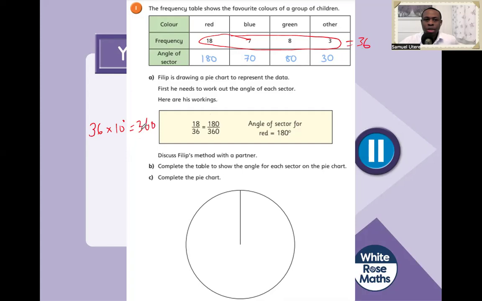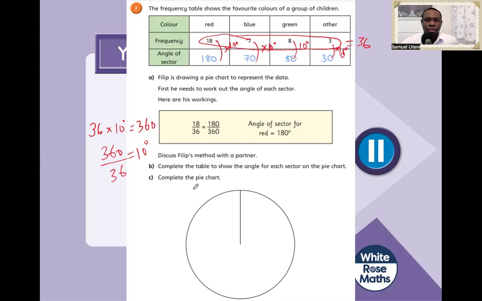To find that special number, he could have simply done 360 divided by 36. So that special number is 10 degrees. So every time he could simply multiply by 10 degrees. Let's be very specific: by 10 degrees and by 10 degrees.